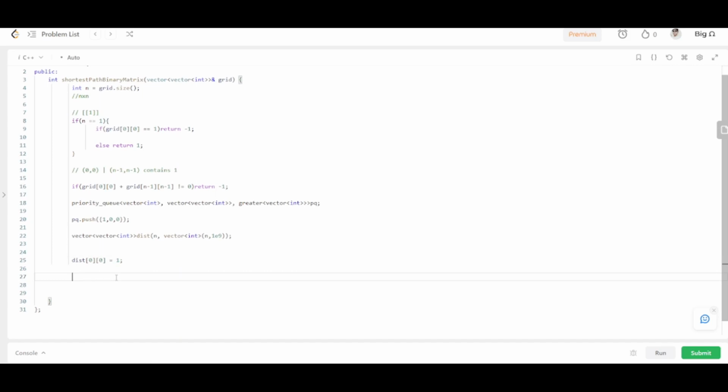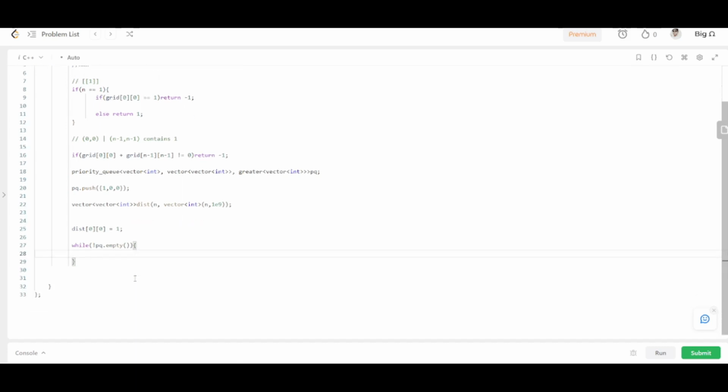Now let's run the while loop. Till this priority queue is not empty, I will run this while loop and simply take the top element from the priority queue, which will be a vector.